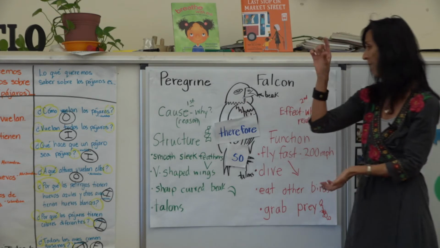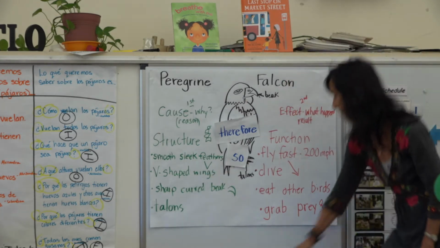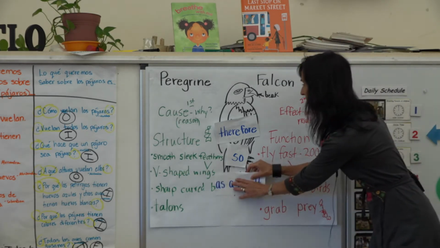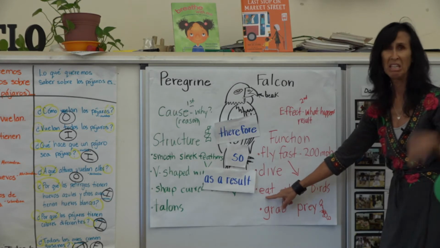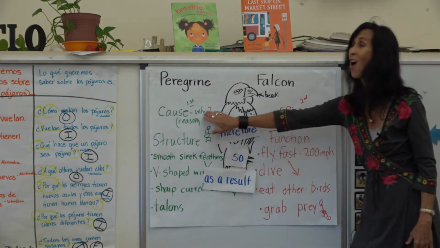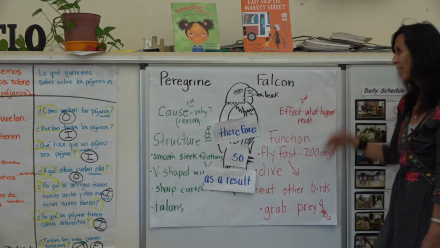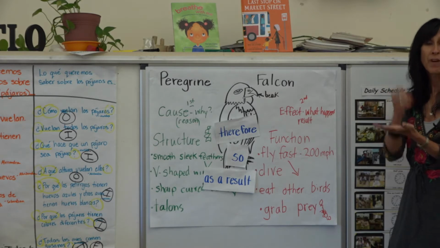The peregrine falcon has a sharp curved beak. As a result, it can eat other birds. Cause and effect. This language we can practice using the structure and the function.